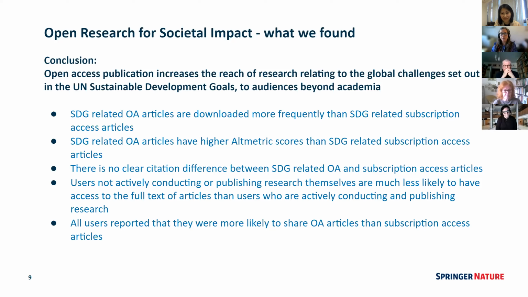And what we've taken from this is that the increased attention that those articles are getting via altmetric, that's not reflected in the academic citation literature, relates to their use and impact in audiences beyond academia.